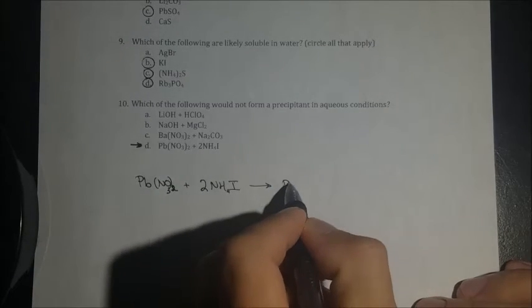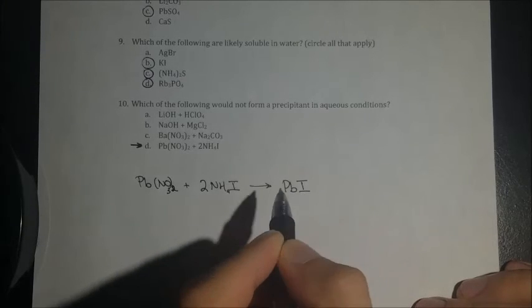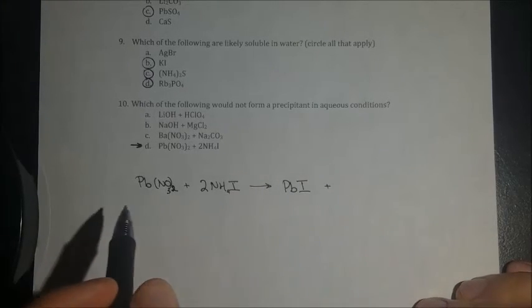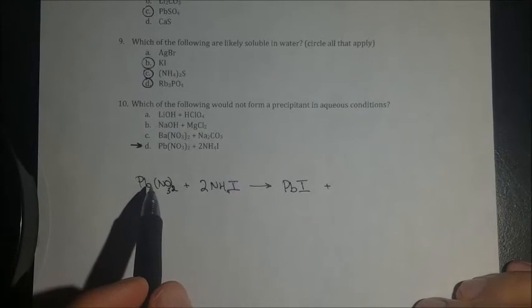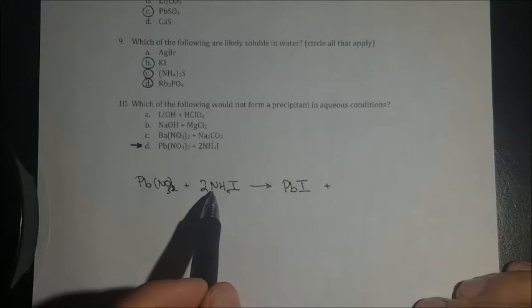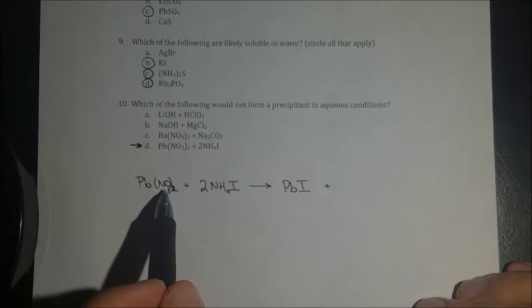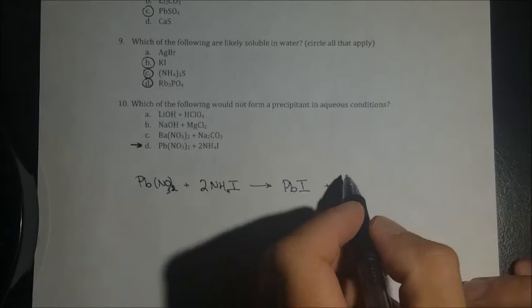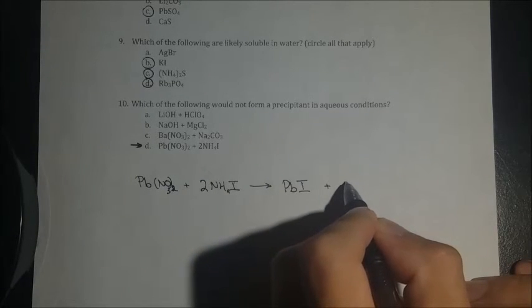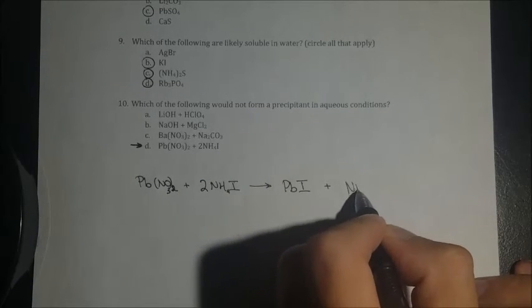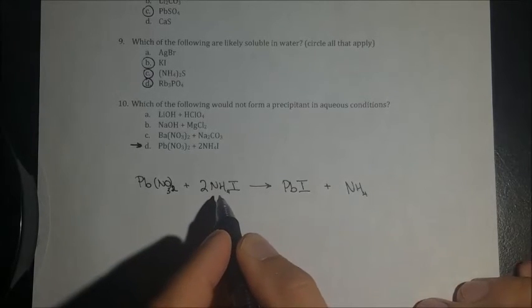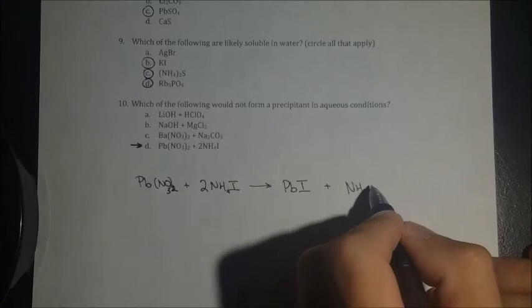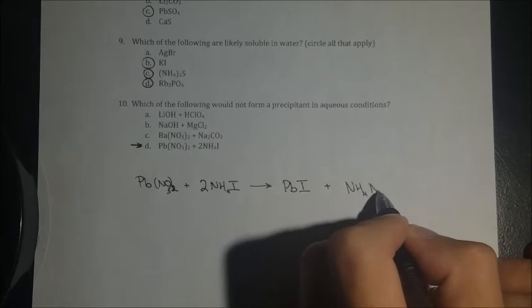So we're going to make lead iodide, and I'll assign phases here in a second. And now the ammonium is left to combine with the nitrate. So ammonium, that's important, ammonium nitrate.